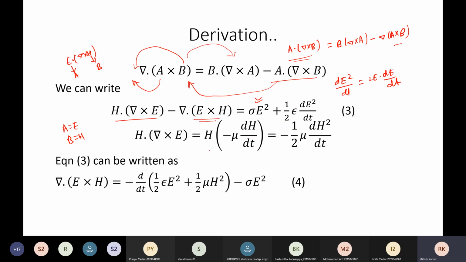The same thing we have written here: H dot curl of E should be equal to minus half mu d H square divided by dt.